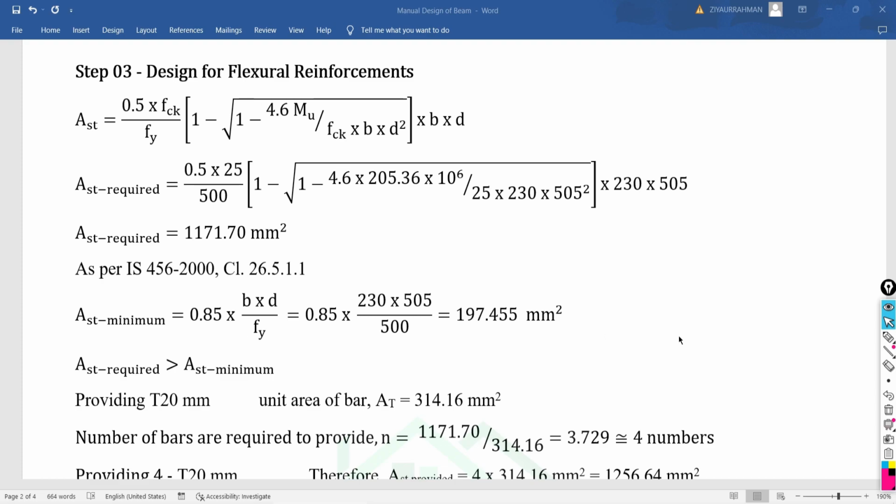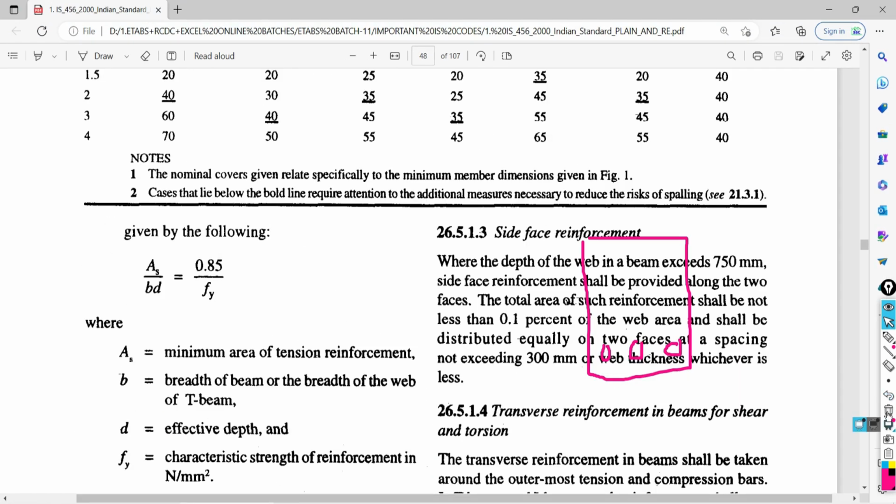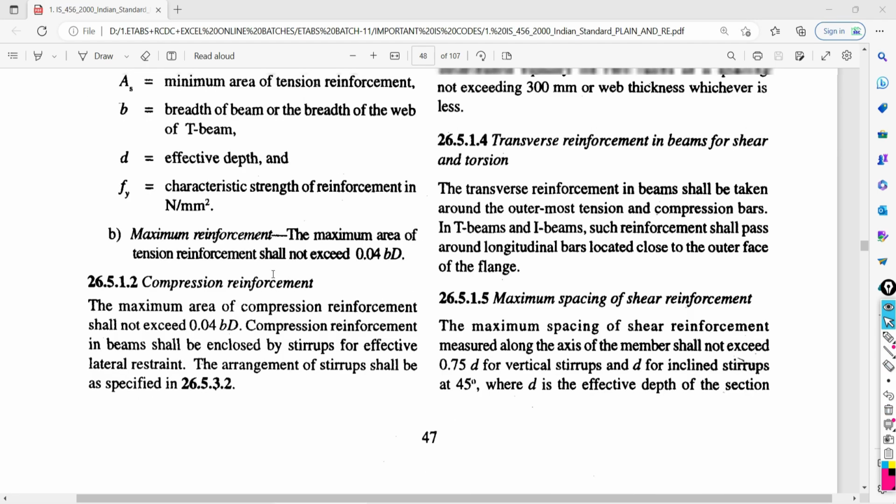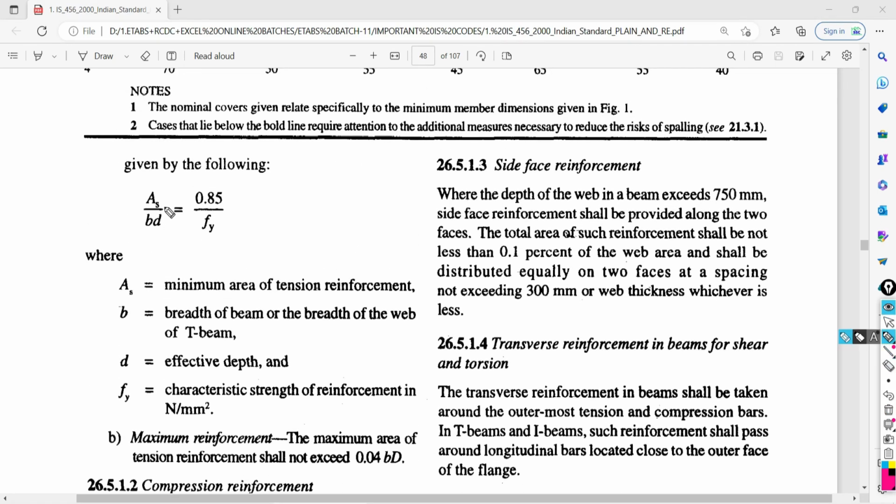What minimum requirement is there? If you are going to design any beam, how much minimum reinforcement at least you have to provide in the beam, that I want to check. You have to refer to clause 26.5.1. Go to your IS code, have a look at page number 47. Here it is given how the minimum reinforcement in your beam should be calculated.